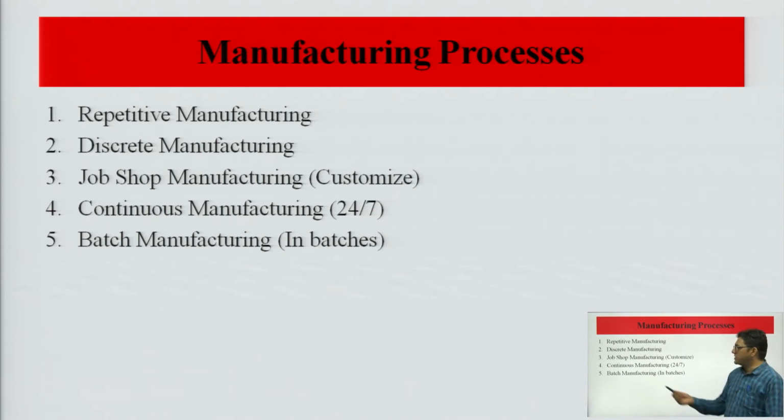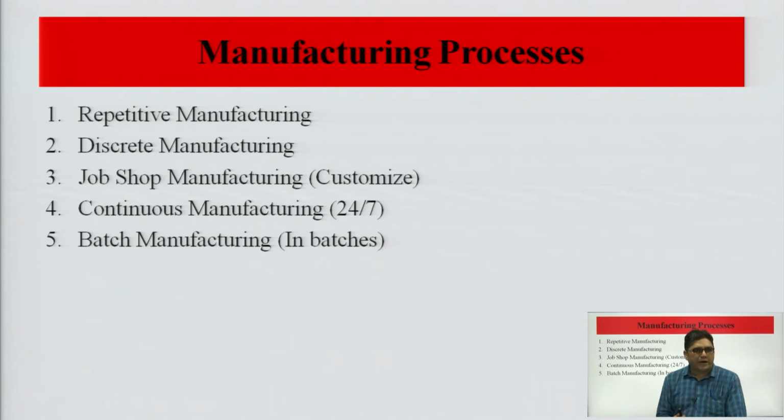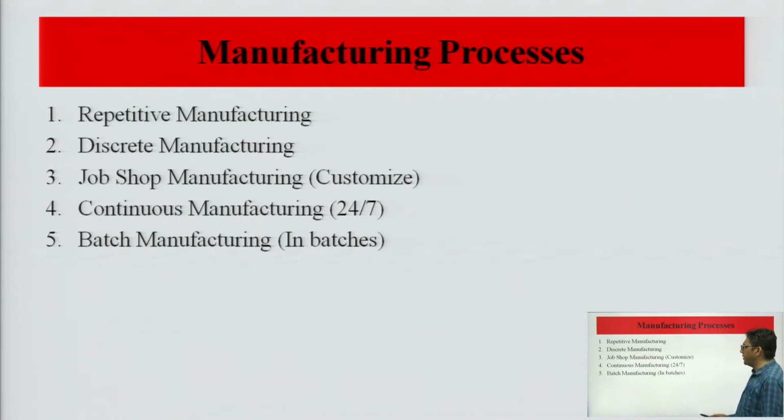So, in discrete manufacturing, probably we are going to take more time. Compared to repetitive, we need to make changes and modify, because at each stage or every time our process is likely to change a little bit.